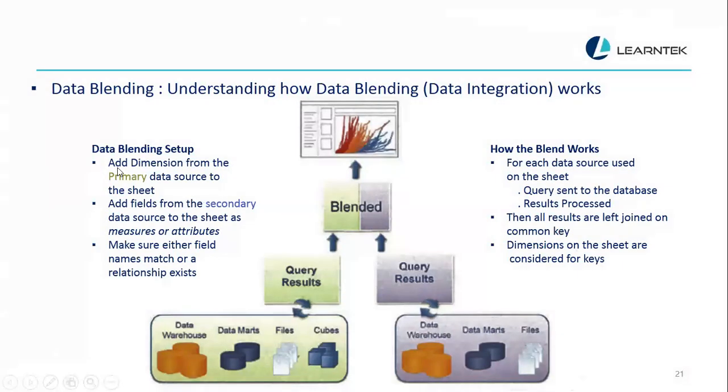So in data blending setup, we'll add the dimension from the primary data source to the sheet, and doing this will make that data source the primary data source. We'll add fields from the secondary data source to the sheet as measures or attributes.